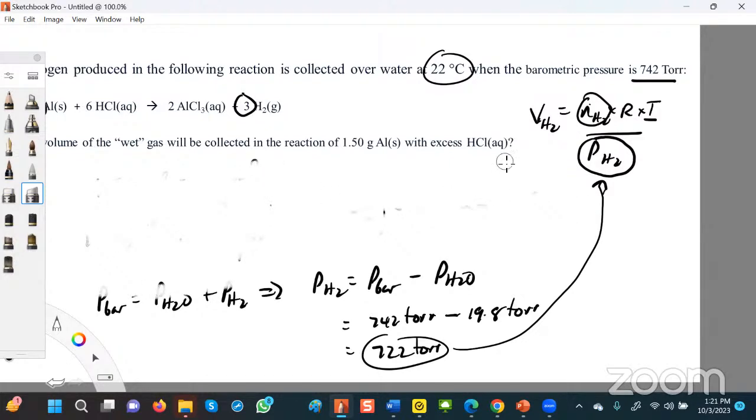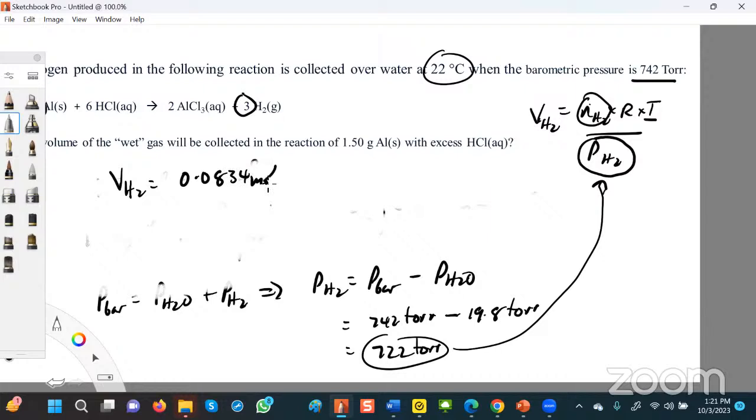To find the volume of the hydrogen, that will be equal to the number of moles, which I just erased. What was it? Can somebody remind me? 0.0834. Yeah, that sounds right.